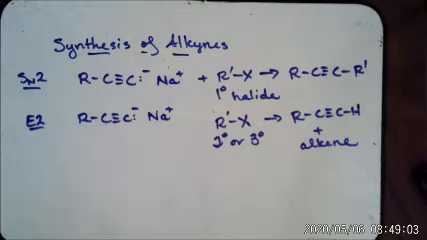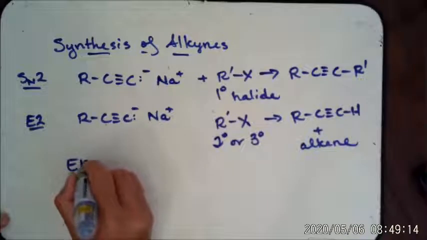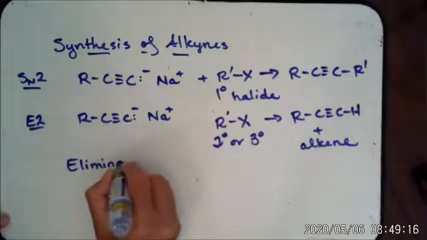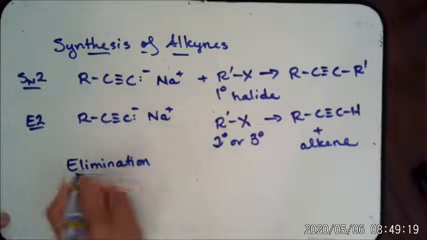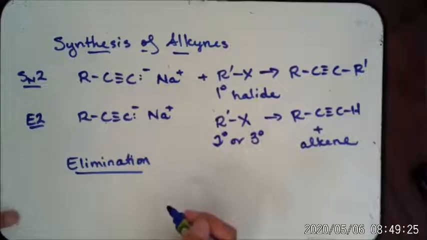Okay. So synthesis of alkynes through elimination. What we do is instead of for alkenes, we only did the elimination once. We do it twice to make the alkyne.